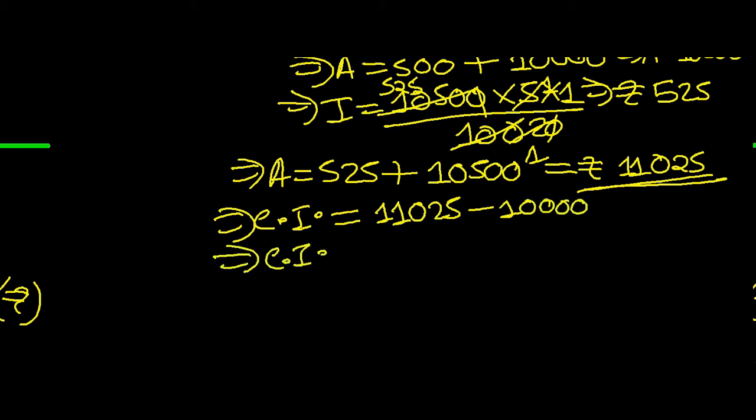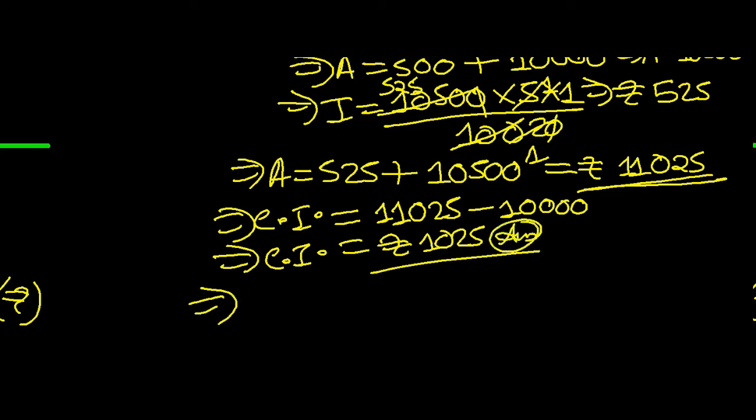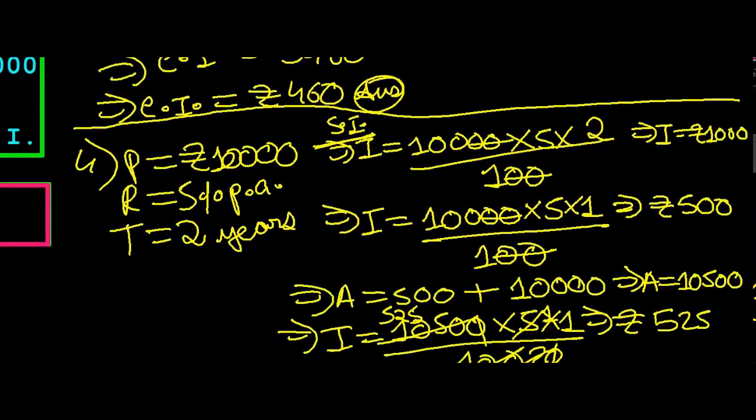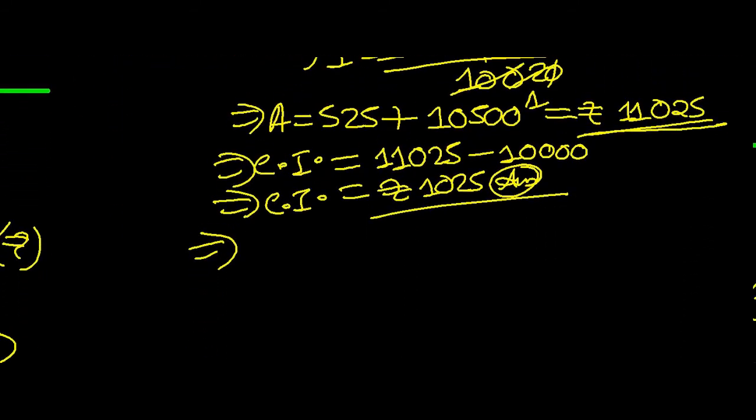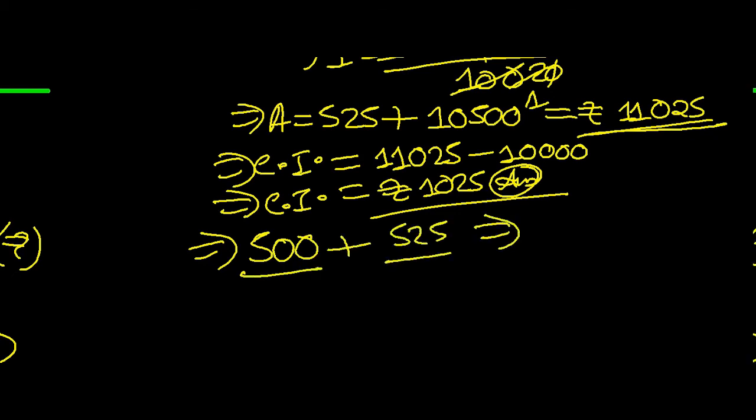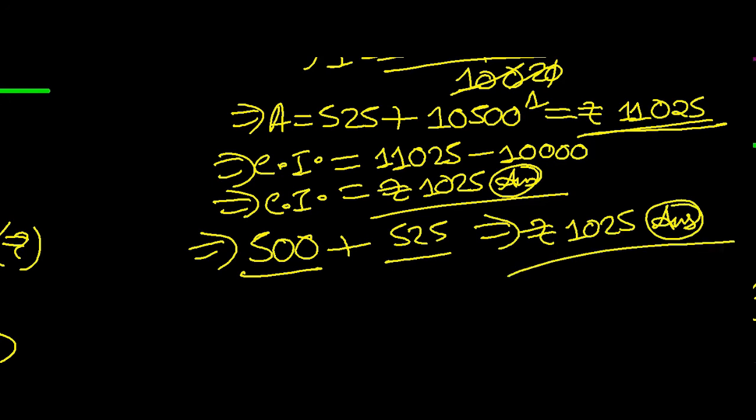So compound interest is equal to rupees 1025, which is the answer. Okay, so let's calculate it using the other method. 500, the interest for the first year, plus the interest for the second year, we get as rupees 1025, which is also the answer.